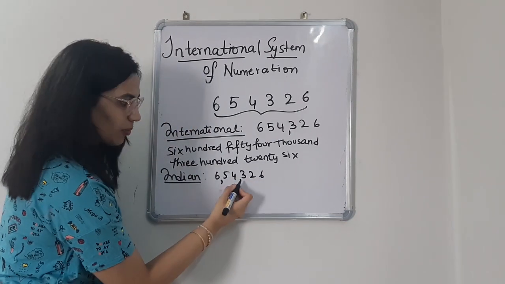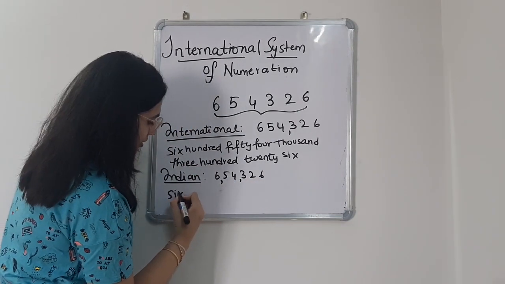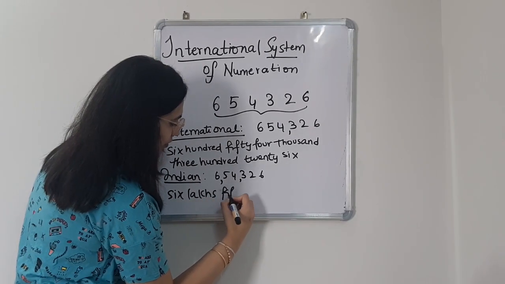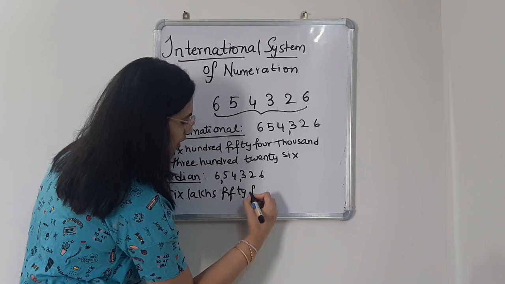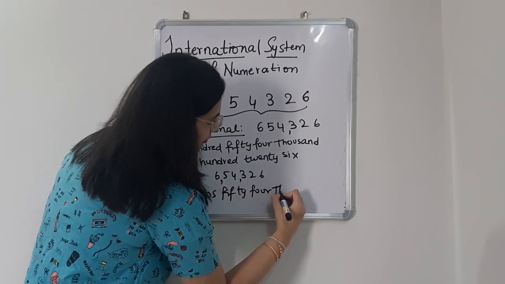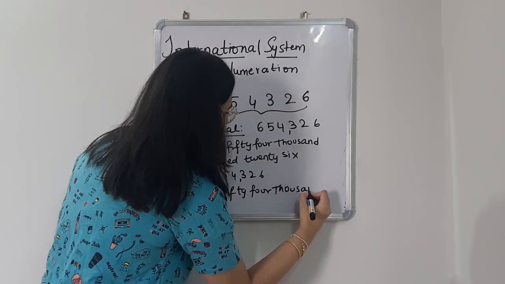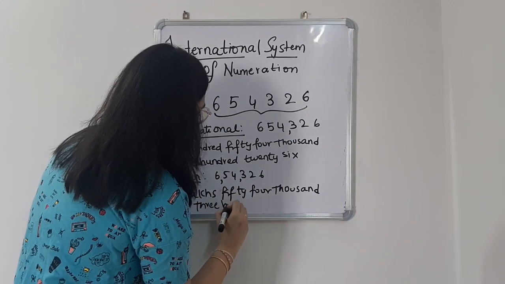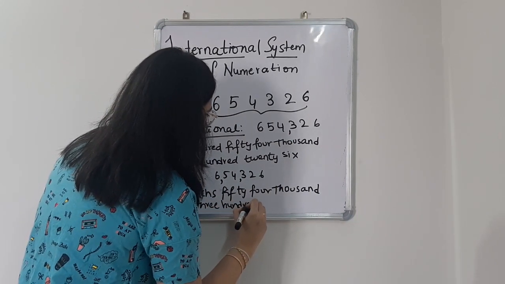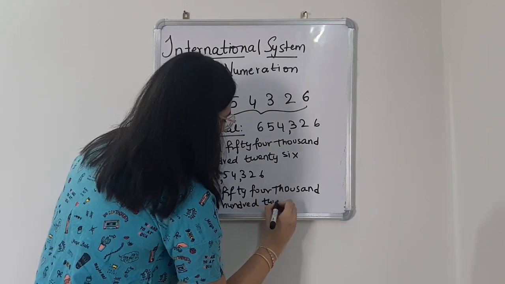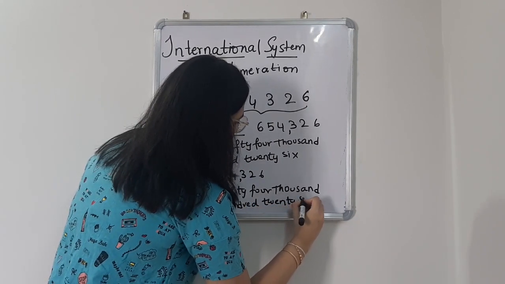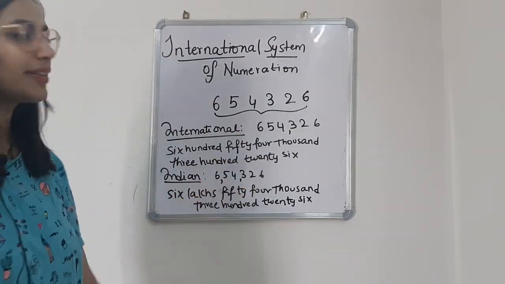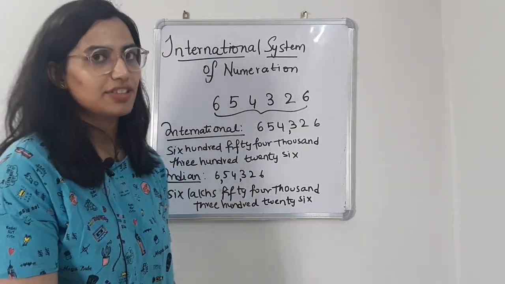It will be commas, 2 places. 6 lakhs 54,326. Okay, this is how you write the same number, one in Indian and one in international.